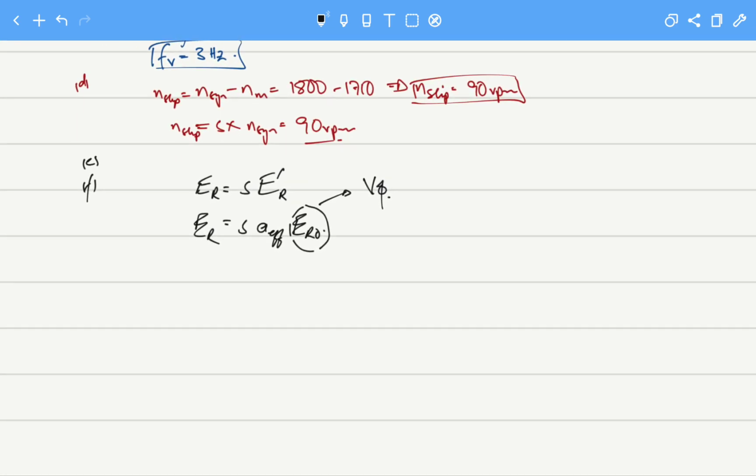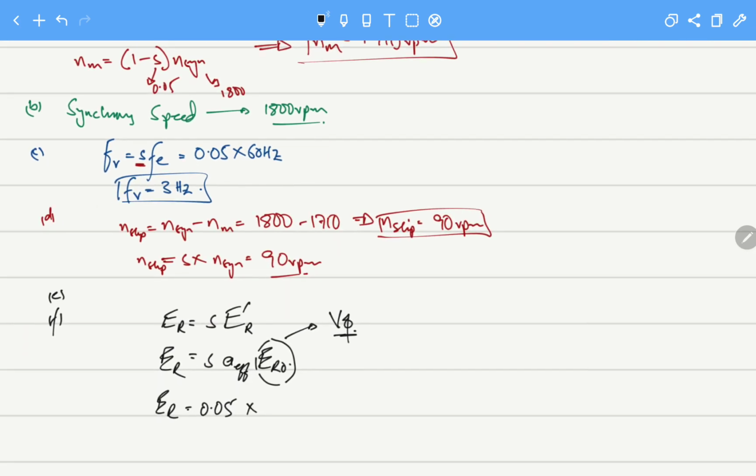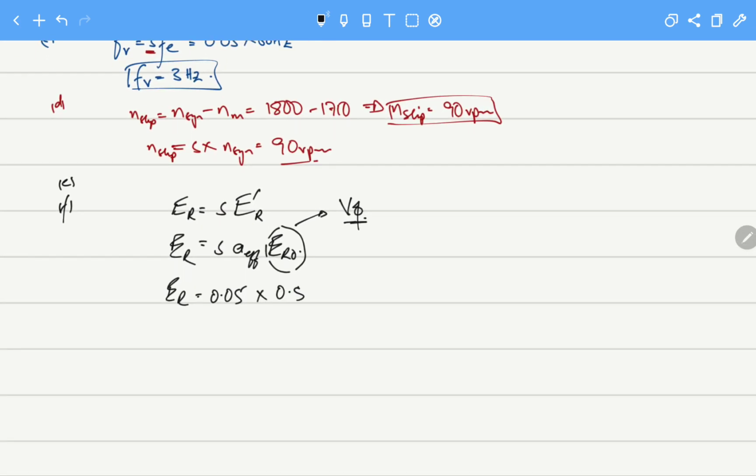So the voltage induced in the rotor involves the slip, which we know is 0.05, and the turns ratio they have given us is 0.5. ER naught means when the rotor was locked and the synchronous field was cutting the rotor, how much voltage was induced.